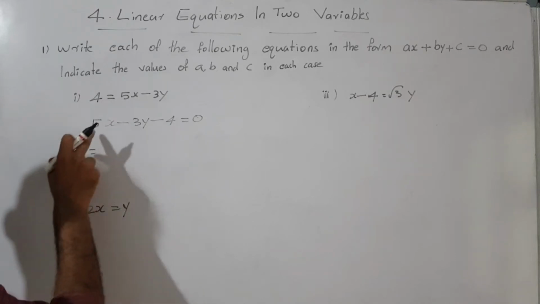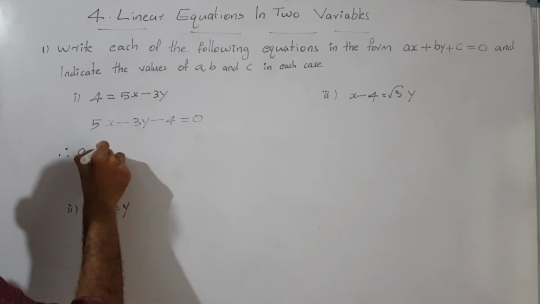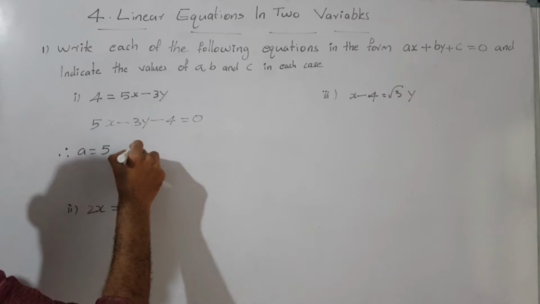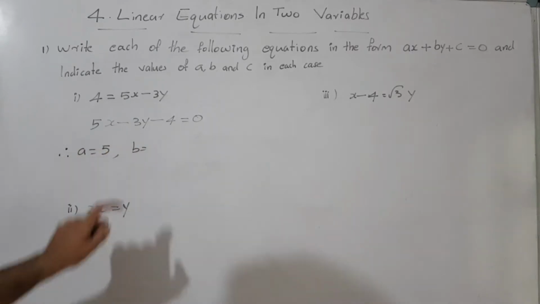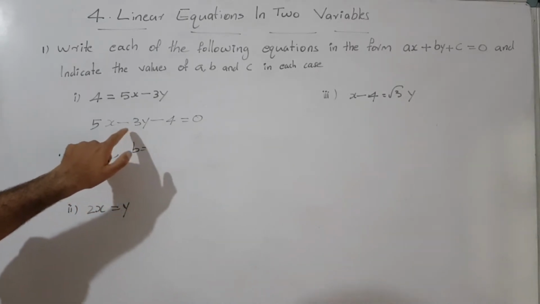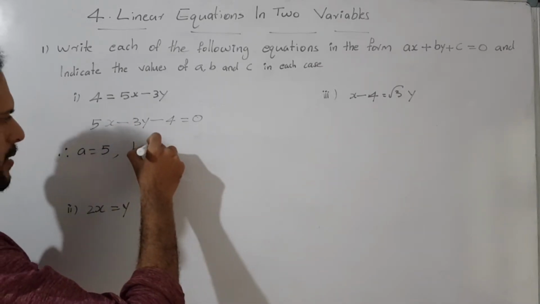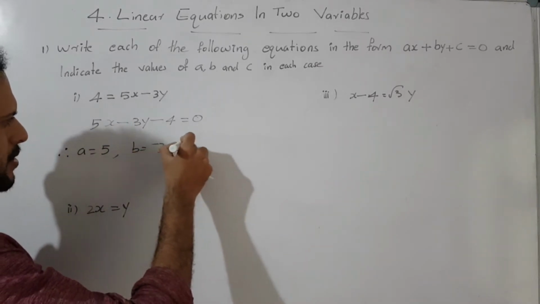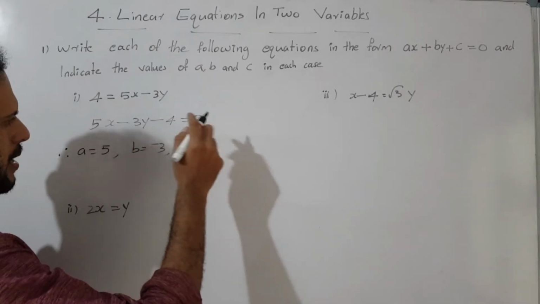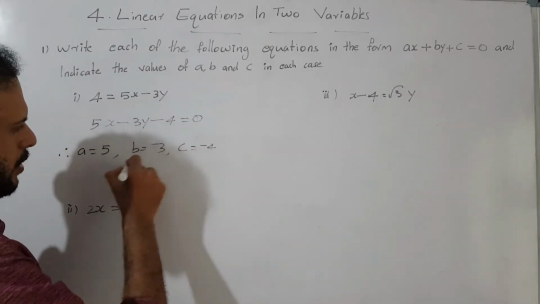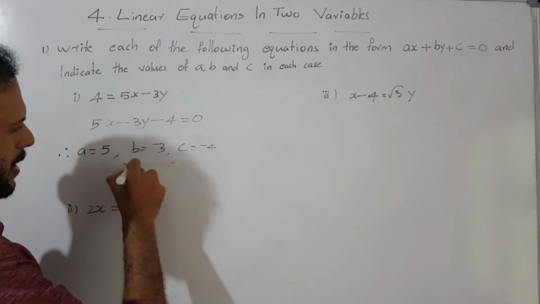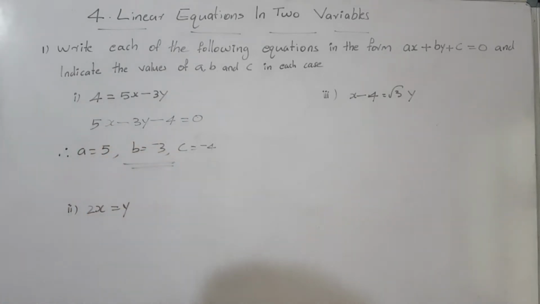What is the coefficient of x? That one is 5. B is equal to, what is b? The coefficient of y. What is the coefficient of y? That one is minus 3. Not only 3, minus 3. And c is equal to minus 4. Then we wrote here the value of a, value of b and value of c.